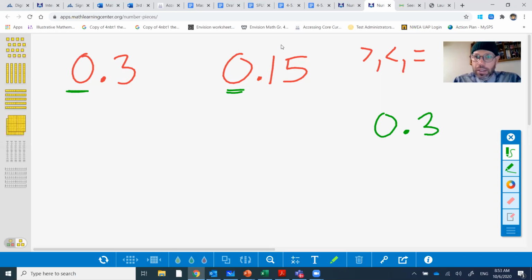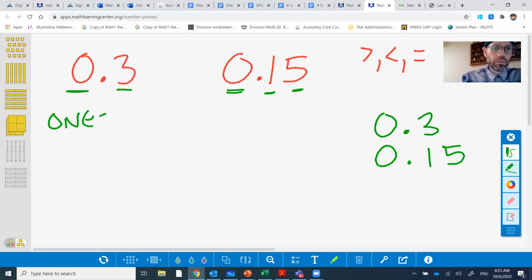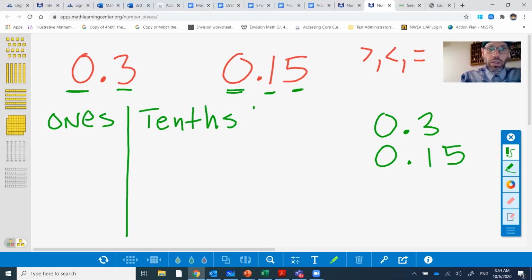And then I have the tenths place, and then here, hundreds place, right? So let's even put that into a diagram. We would have the ones, and then we would have the tenths, and then we'd have the hundreds.